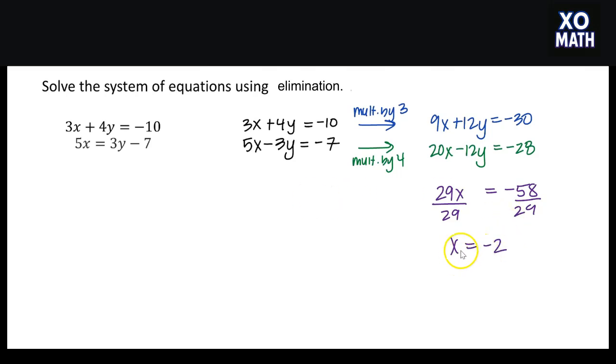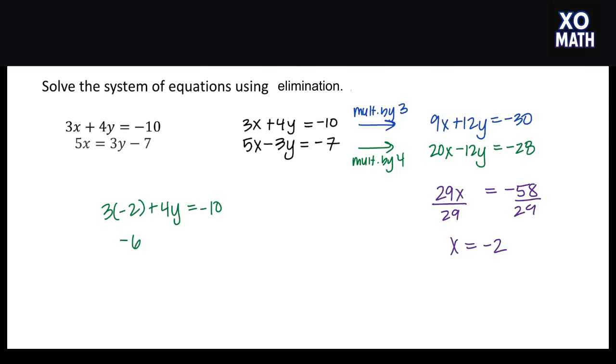Now we can substitute x equals negative 2 into any equation that has both x and y in it. So the original equations, the ones where we subtracted 3y from both sides, or even the versions where we multiplied by a number. I'm going to choose to substitute into the original top equation. So I'm going to replace that x with a negative 2, and I'll have 3 times negative 2 plus 4y is equal to negative 10.